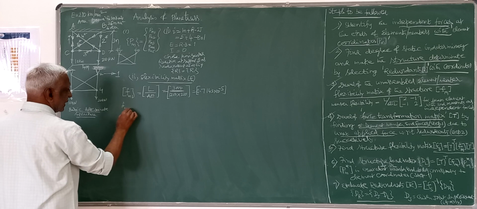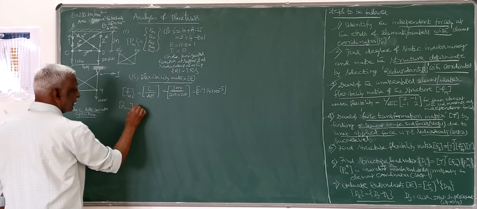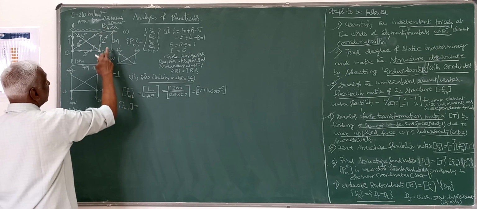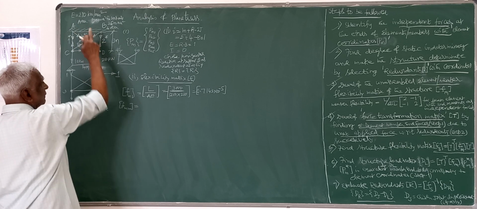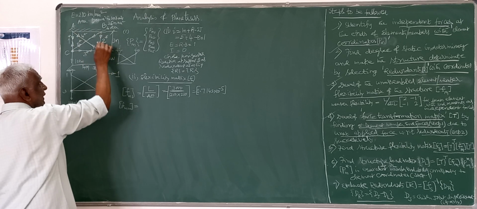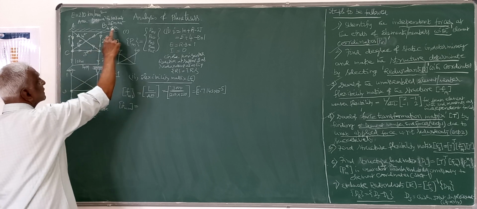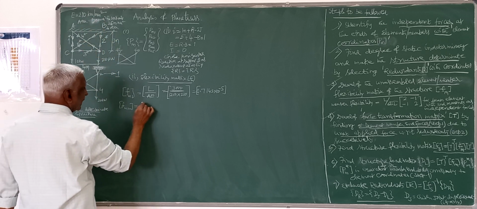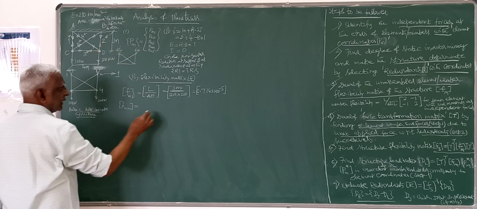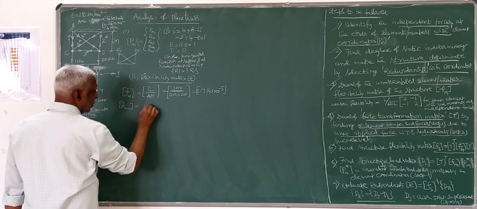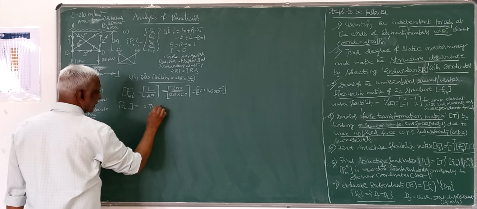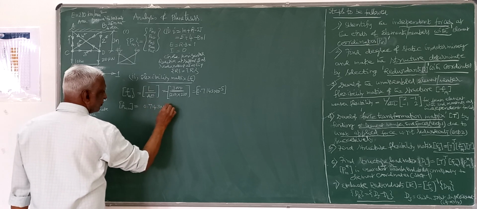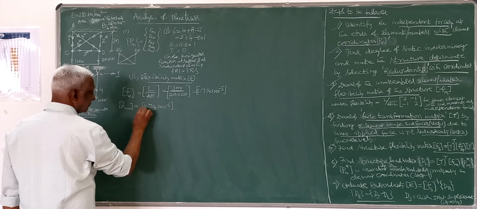Similarly, flexibility matrix of second member, that is also having same area, because that's also a vertical member. Area of cross section is this, E is this, and L is also 3 meters. So that is also 0.7143 into 10 to the power of -5.